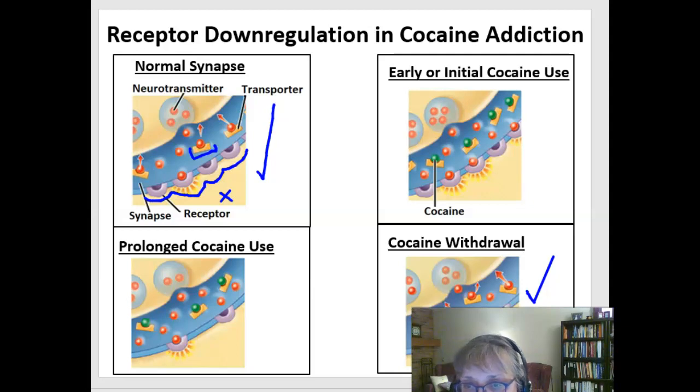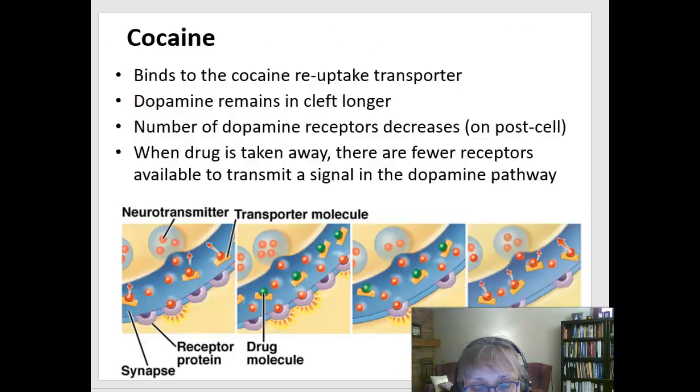In the case of cocaine withdrawal, because of the transporters, there are far fewer receptors. They've been downregulated. Everything that I just talked about is written on the next slide, your last slide. I'm going to show it to you.